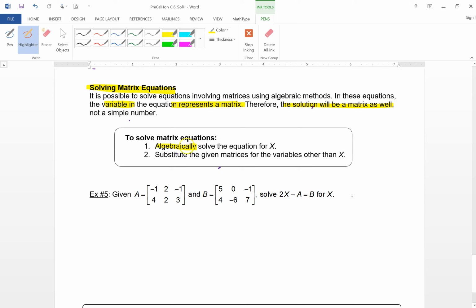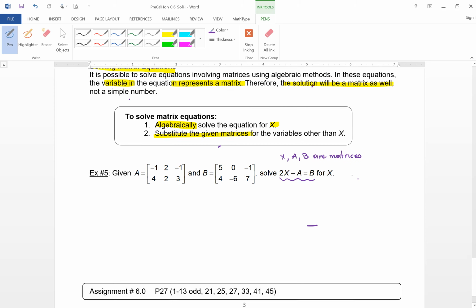First, you use algebra to solve the equation for X. Then, you substitute the given matrices. So here is the equation that I have to solve. Now, you have capital X, capital A, capital B. Each of them is a different matrix. So X, A, and B are matrices.